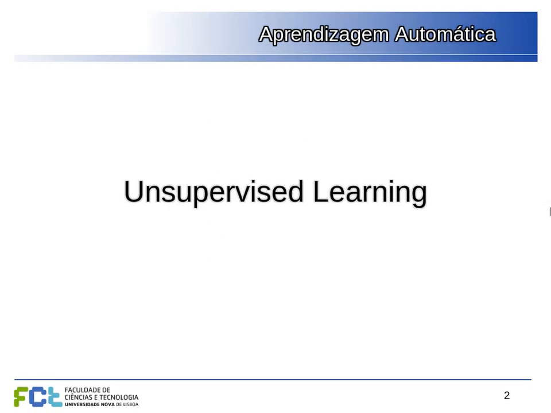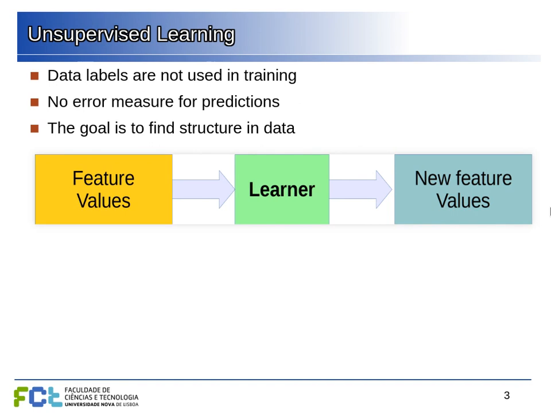So the basic idea with unsupervised learning is that we are not trying to fit some target values that we want to predict, either with classification or regression. So we don't have those data labels that we always use in supervised learning problems, where we have that y value that we want to predict, and then we adjust the parameters of our model by trying to minimize the error between the prediction and the target value.